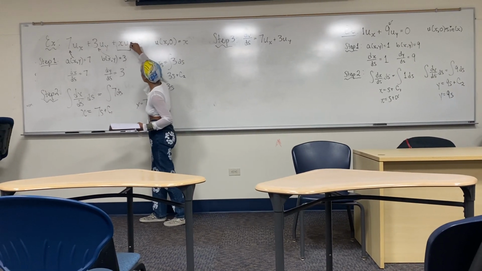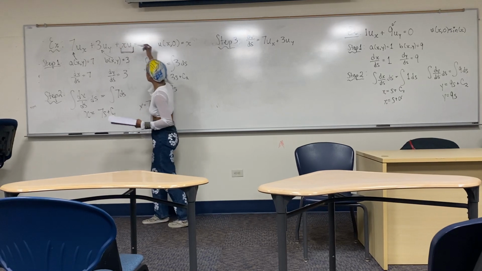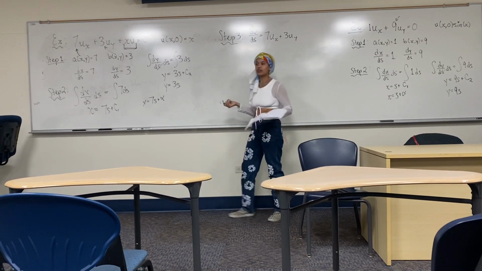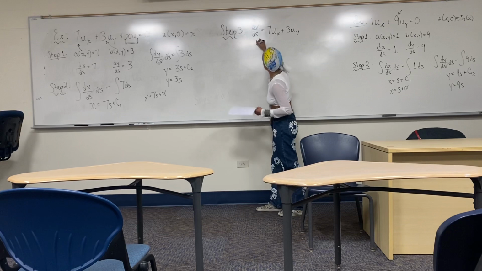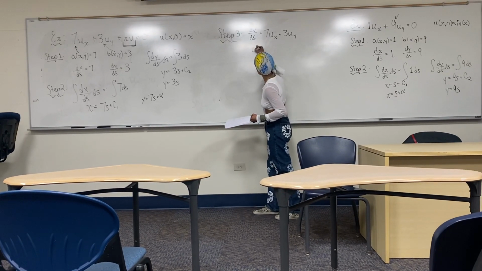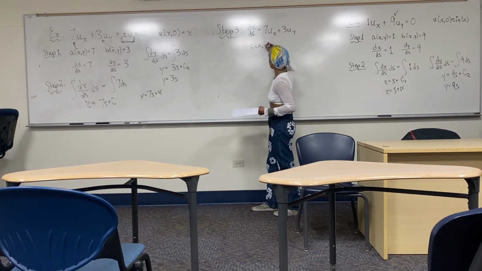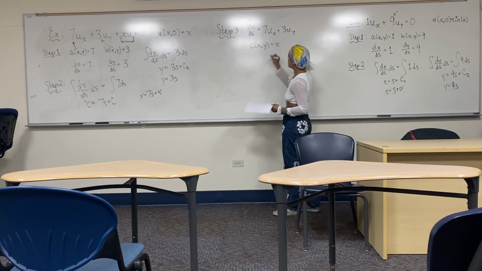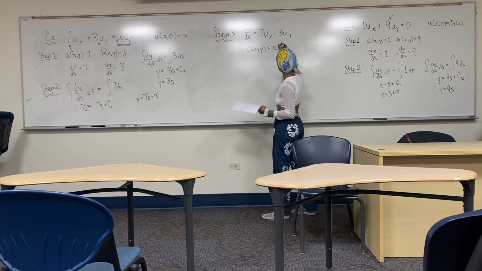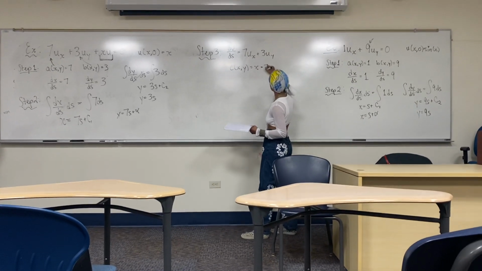The last example we looked at didn't have a term like this, so we just need to reconfigure that with respect to s. So c(x,y) equals x, and we know x equals 7s plus alpha.